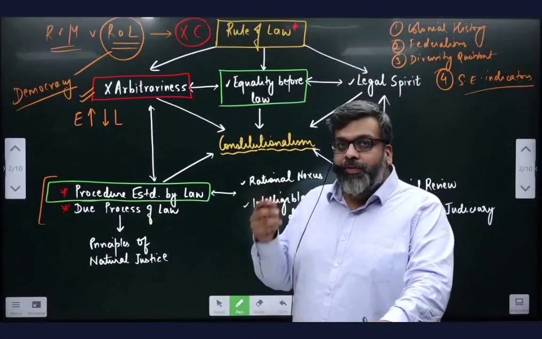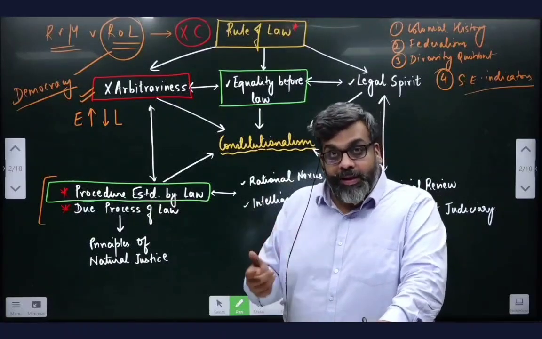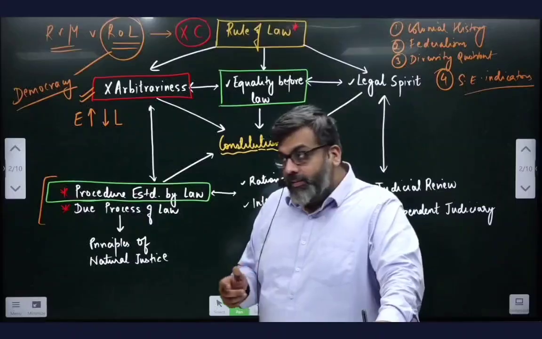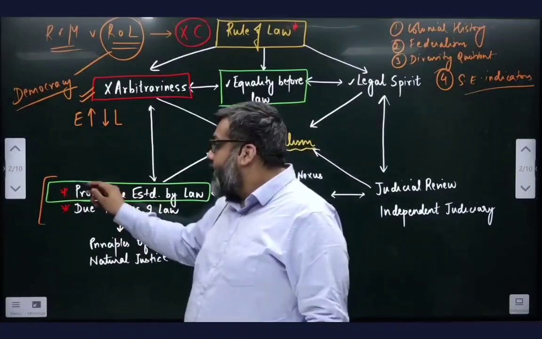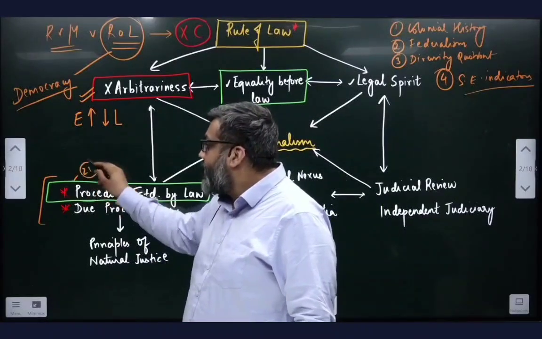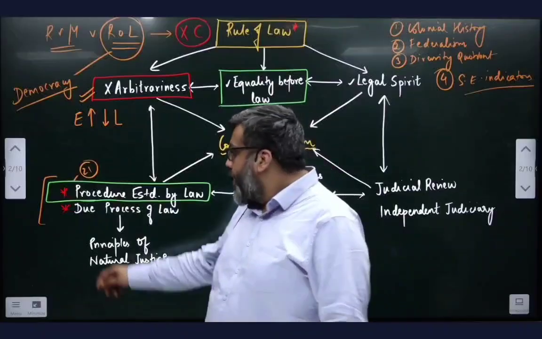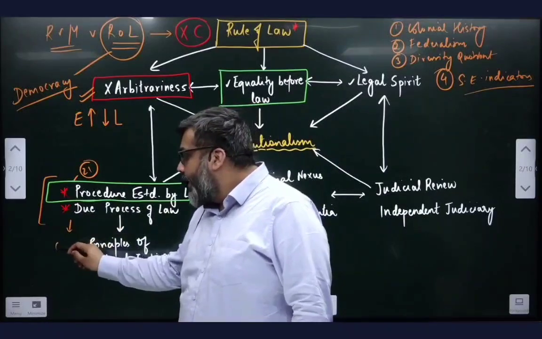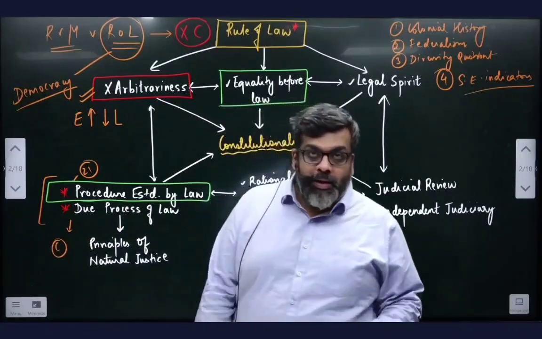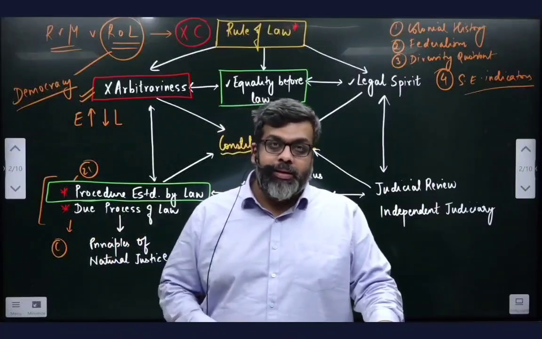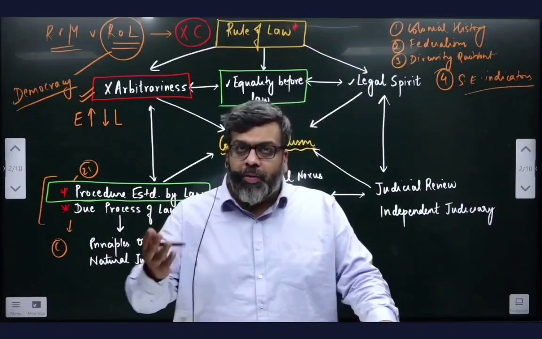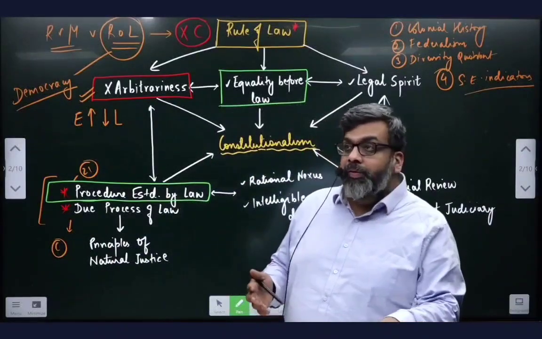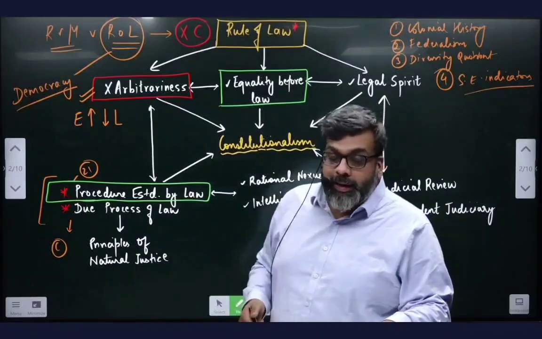Two very, very important interpretations and two very important terms. In fact, procedure established by law is explicitly under Article 21, but due process of law has been interpreted by the courts in several decisions. The most important of it, the most landmark of it, happens to be the Maneka Gandhi case.